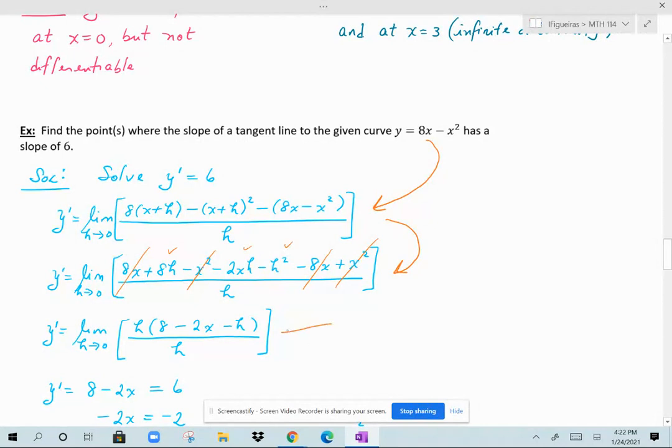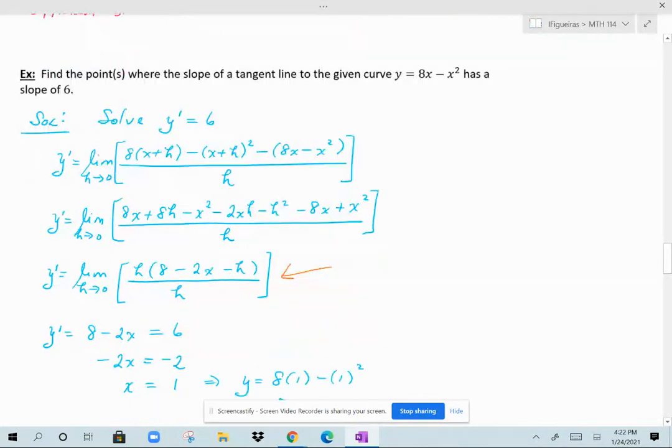I factor that out, which means that the h in the denominator will cancel with the h that was factored out. And so I'm just left with the next line. These two cancel. And when I plug in 0 in here, I'm just left with 8 minus 2x for y prime.